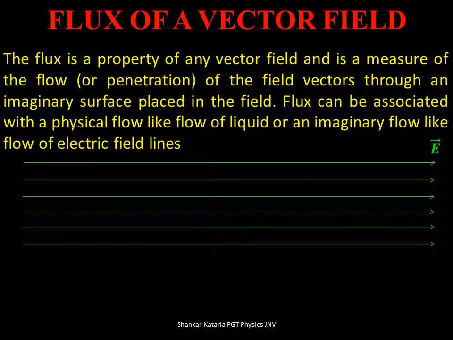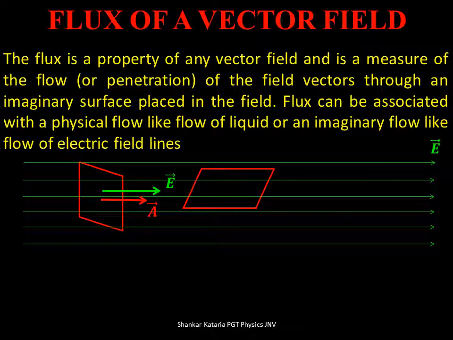It is represented by vector E. Next, we consider a small area placed in this electric field, and here the electric field lines are crossing this area such that they make an angle of 0 degrees with the area vector of this area. That means the electric field lines are parallel to the area vector in this case.